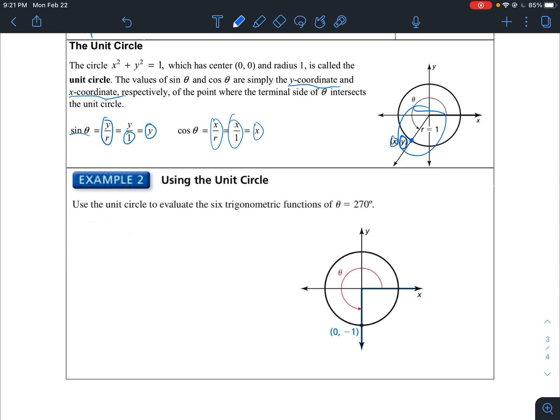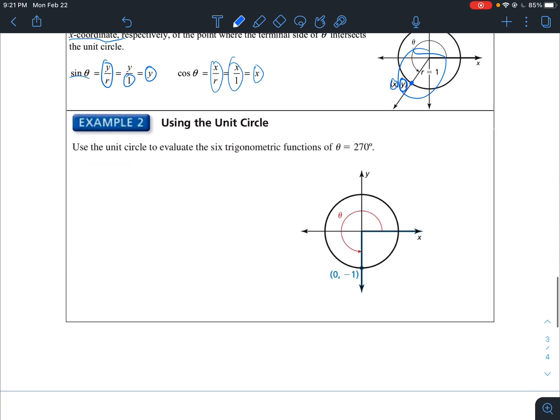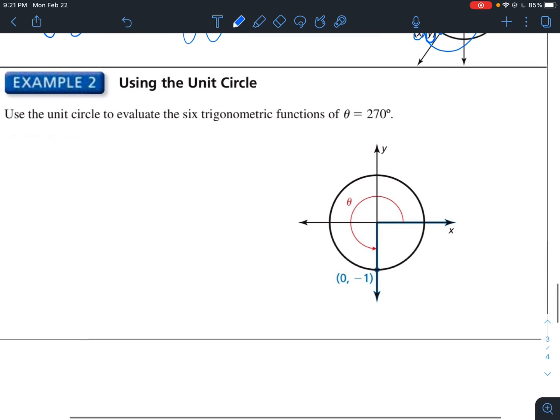So specifically, this is helpful whenever we have an angle, or terminal side, that lies upon any axis. So if it's right here, this is a 90-degree angle. Over here, this is a 180-degree angle. This is a 270-degree angle, and this right here is either a 0 or 360-degree angle.